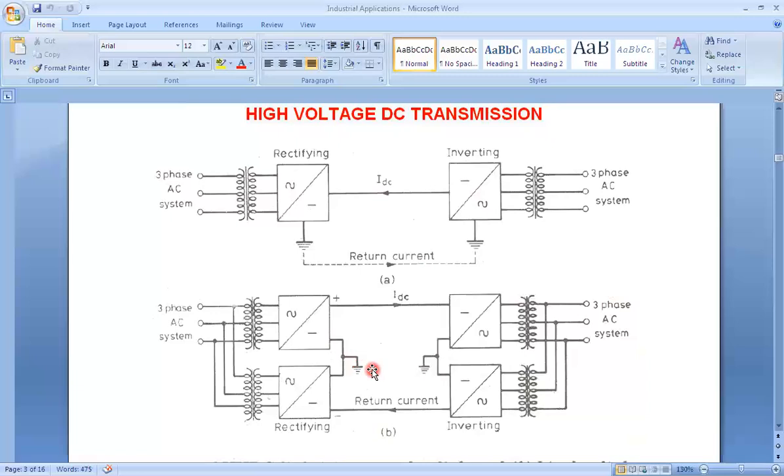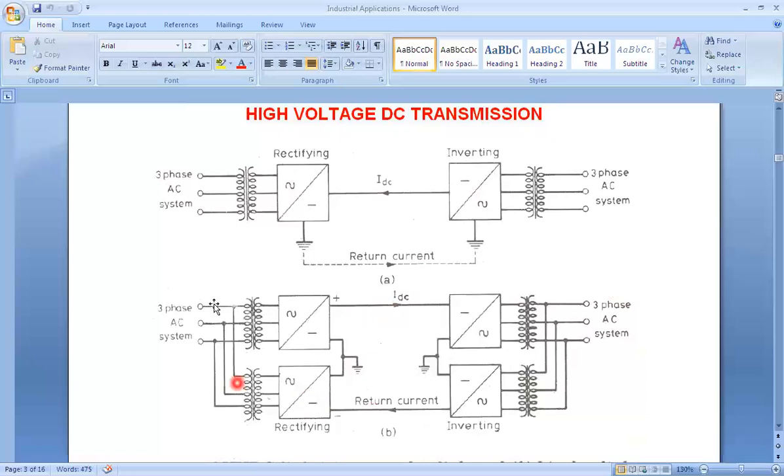But in case one line is open circuited due to some fault, let us assume that the fault occurs in this line, so we have to isolate this line. Then how do we provide uninterruptible supply to the load? It is through this only. When this line has a fault, we isolate this line.